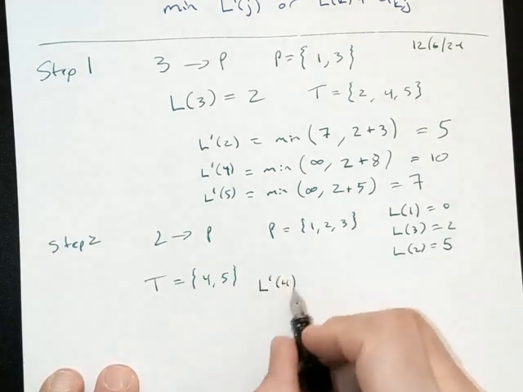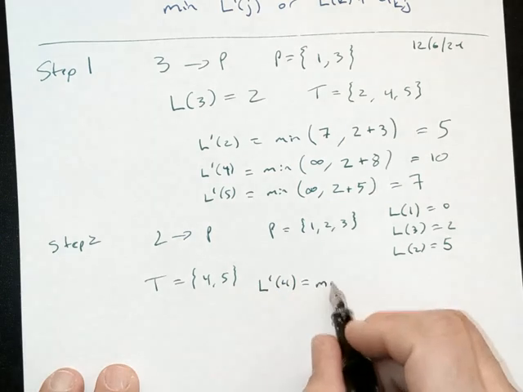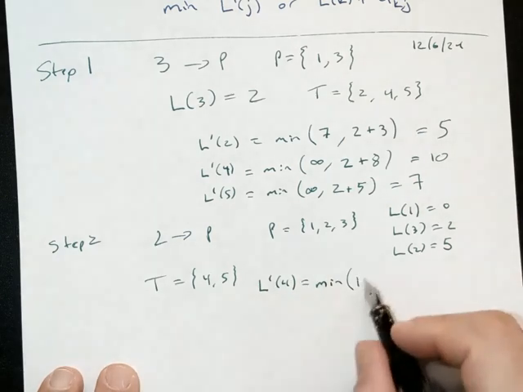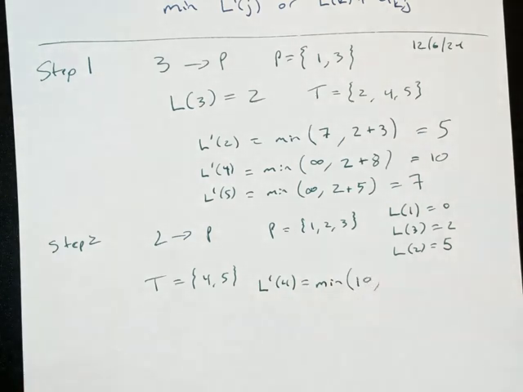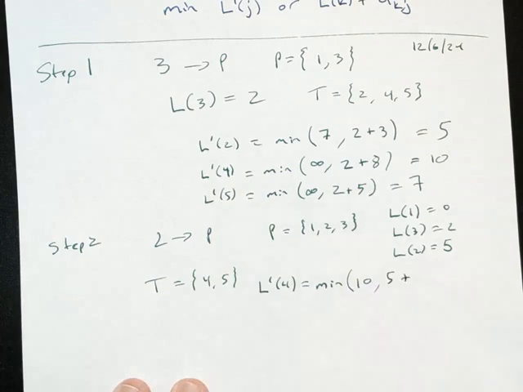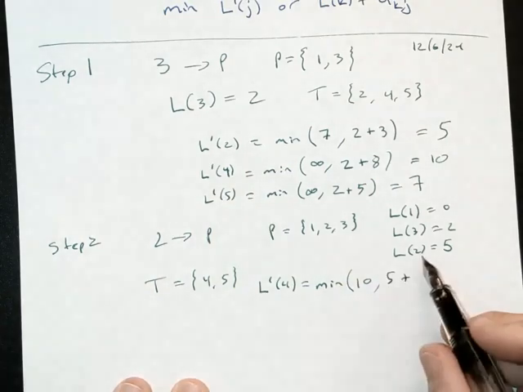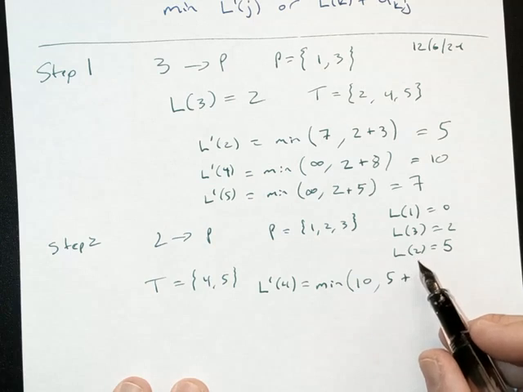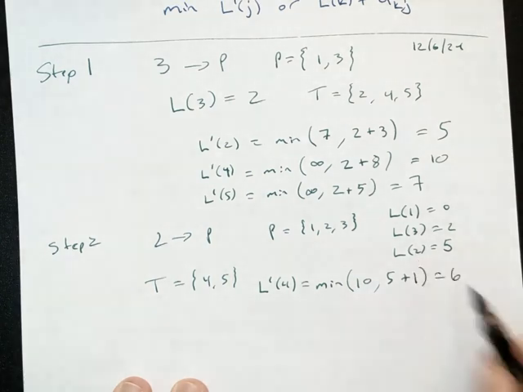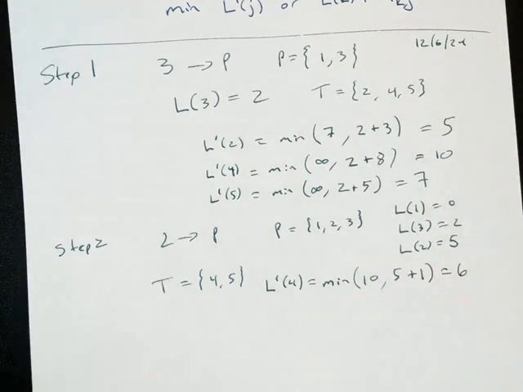The new temporary label for 4 is the minimum of the current label on 4, or the one we just labeled, plus the cost to go from there to 4. What's the cost to go from 2 to 4? Well, the smaller of those two is 6, no question about it.